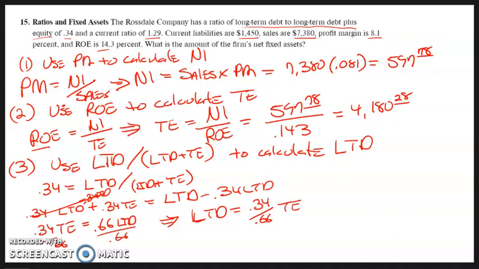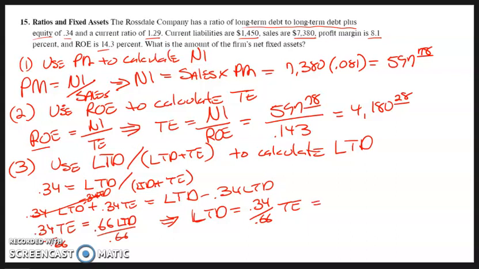Now 0.34 divided by 0.66 is 0.52. We take our total equity and plug that in here.